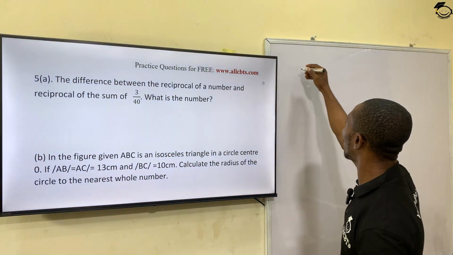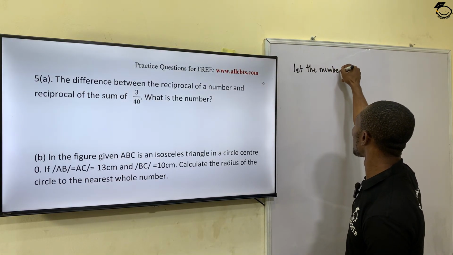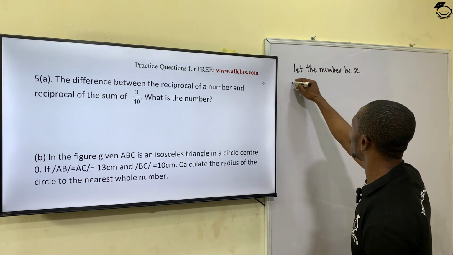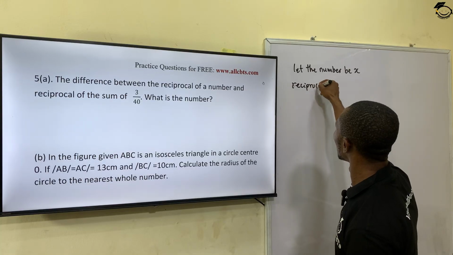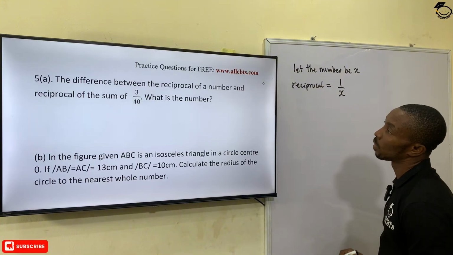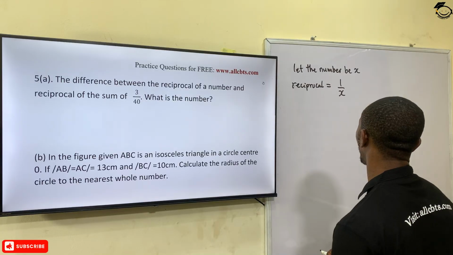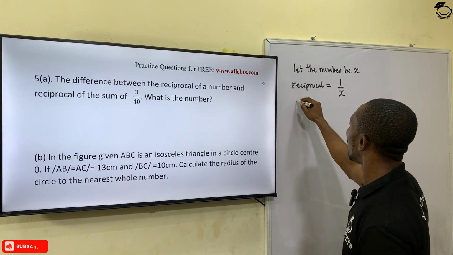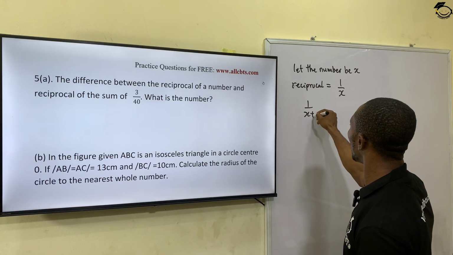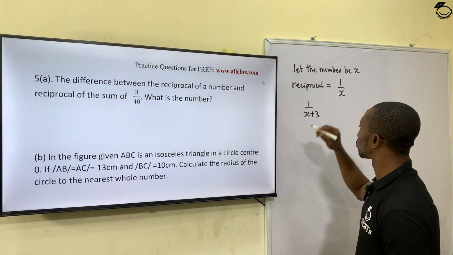Okay, so let's start with: let the number be x. If we talk about the reciprocal, we have it as 1 over x. Now if we talk about the reciprocal of the sum of the number plus 3, it will become 1 over x plus 3.